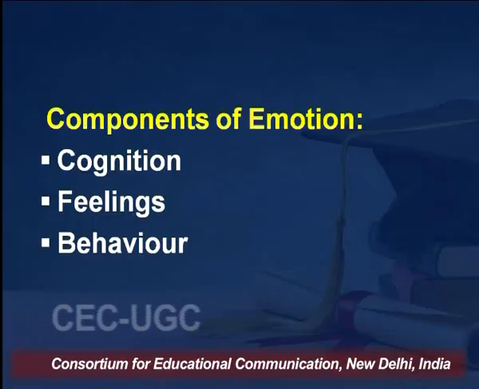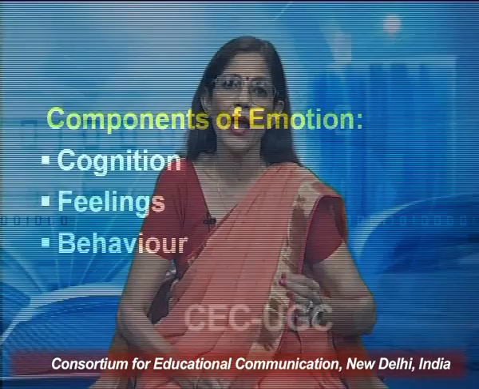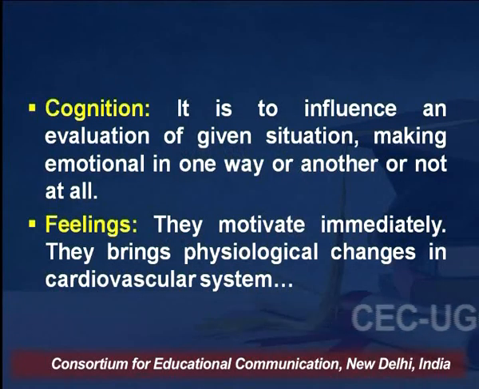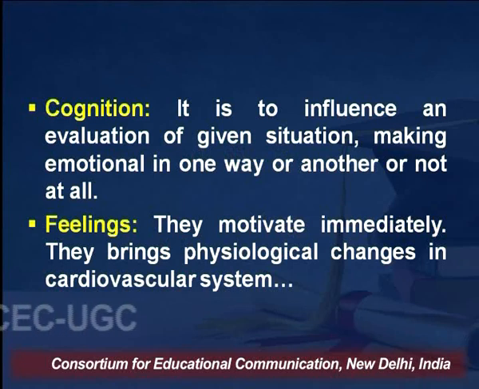So what are the components of emotion? Before the theories, I would like to discuss the components of emotion. There are three: cognition, feeling, and behavior. To be very brief, let us understand what we mean by cognition. Cognition influences an evaluation of a given situation, making one emotional in one way or another or not at all.